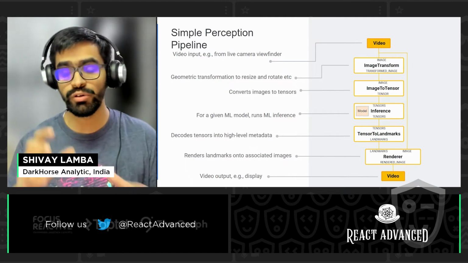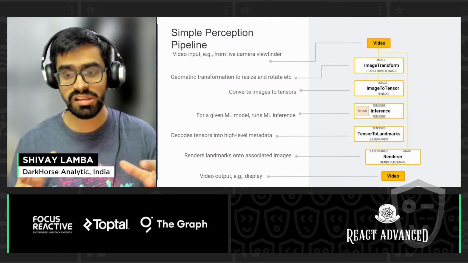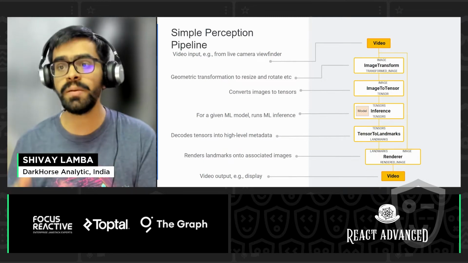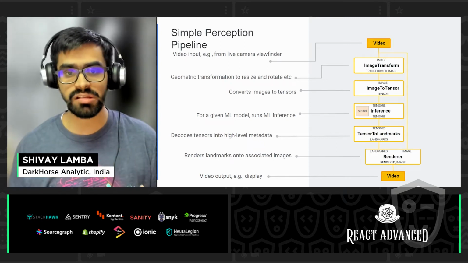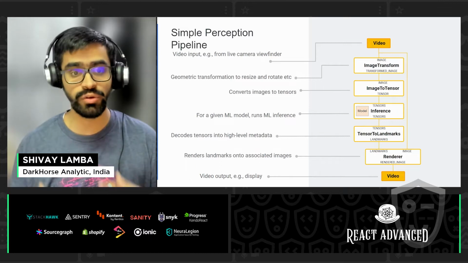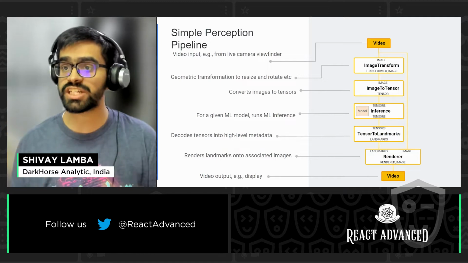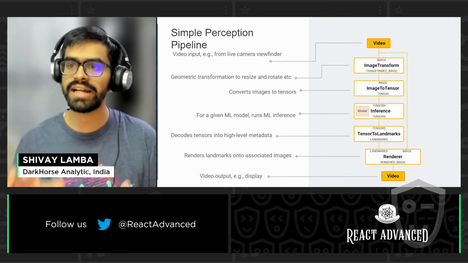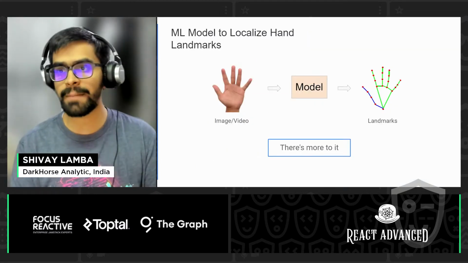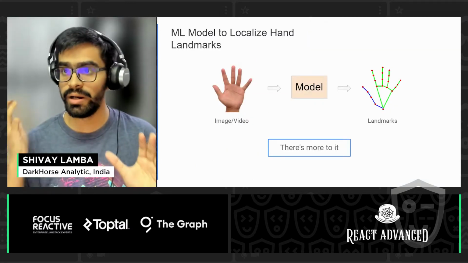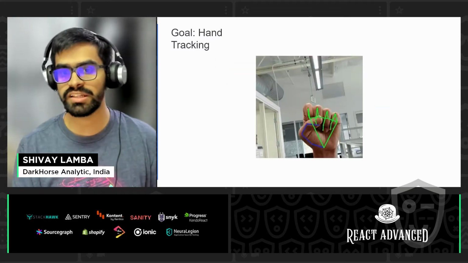So you'll do a geometric transformation of your frame into a size that is used by the tensors. These images get transformed into the mathematical format of the tensors, and then you run the machine learning inference on those. Then you'll do some high level decoding of the tensors, and that will result in the creation of the landmarks. Then you'll render those landmarks on top of the image, and you'll get that output. So if you have your hand and you put those landmarks on top of it, you finally get the result that you see, which is the hand tracking.